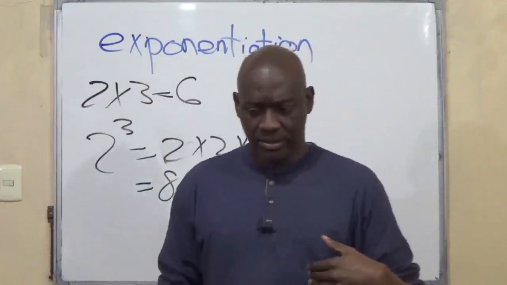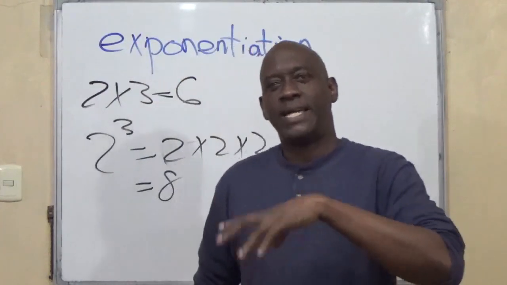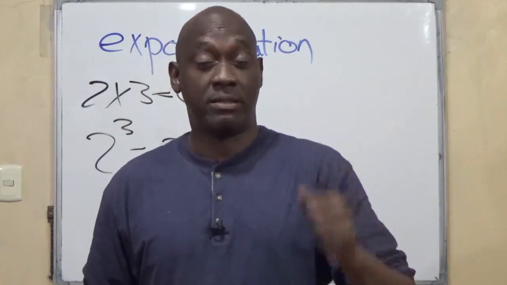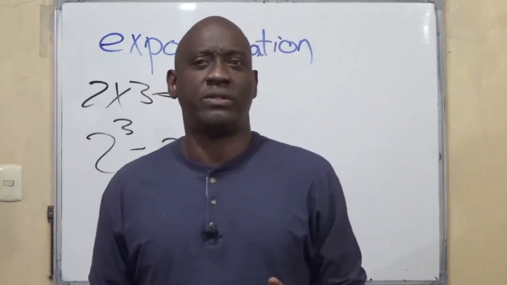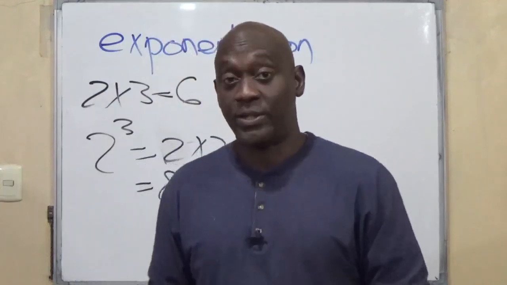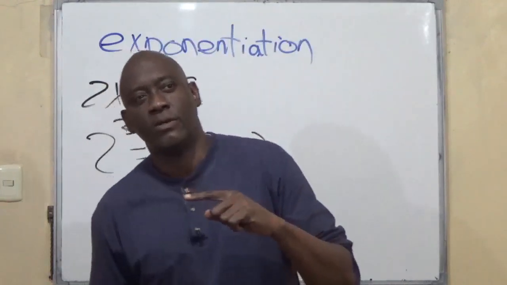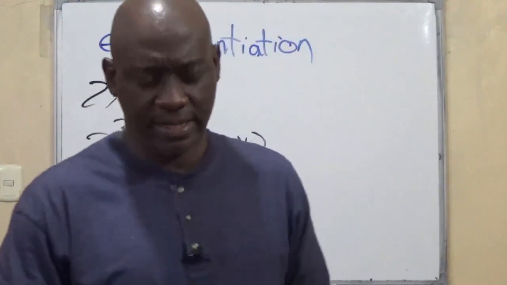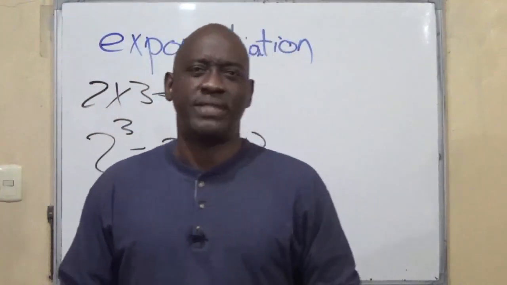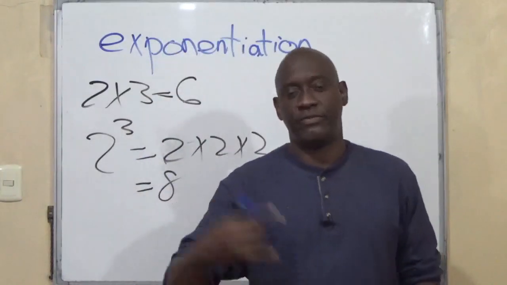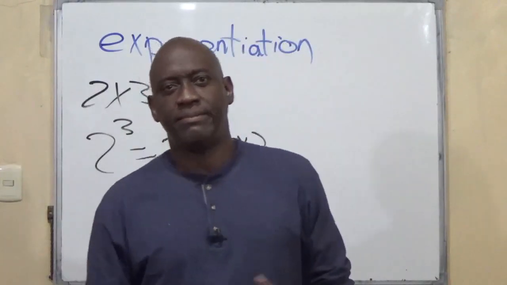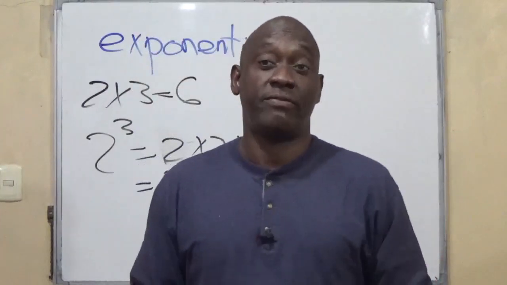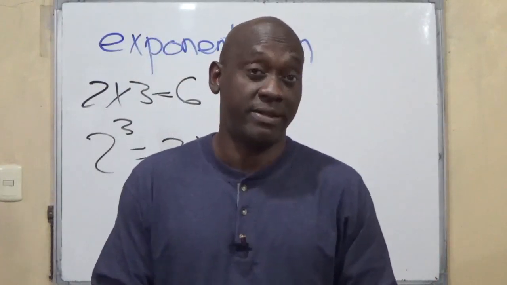Let us start using the exponentiation that we are most familiar with, which is squares. Right? Squares and square roots. 1 by 1 is 1, 2 by 2 is 4, 3 by 3 is 9, 4 by 4 is 16, 5 by 5 is 25, 6 by 6 is 36, 7 by 7 is 49, etc. 15 by 15, 225, 18 by 18, 324, 25 by 25, 625, etc. Alright?